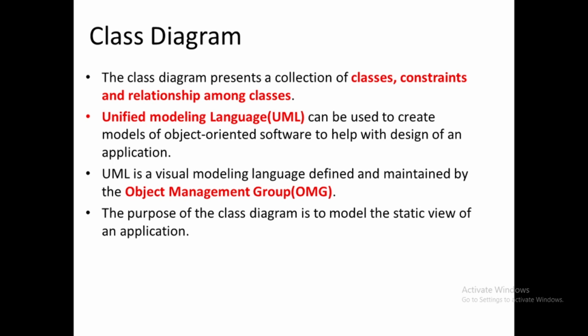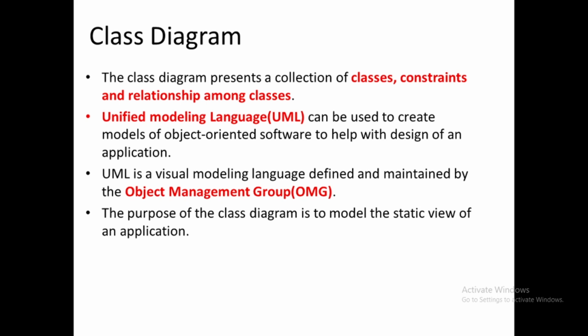Remember, the class diagram presents a collection of classes, constraints, and relationships among classes. See, these three things are very important. A class diagram is a collection of classes, means several classes. Constraints means functions, or you can say coding program, and relationships among the classes.